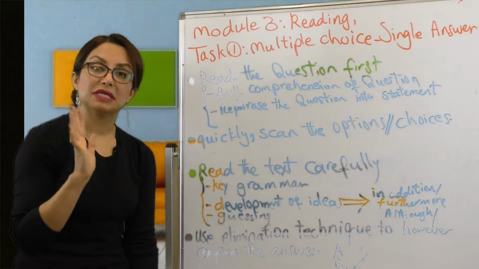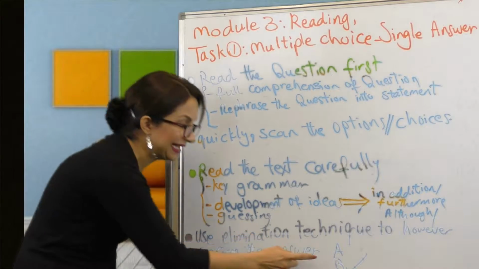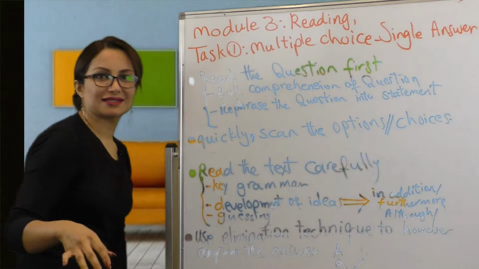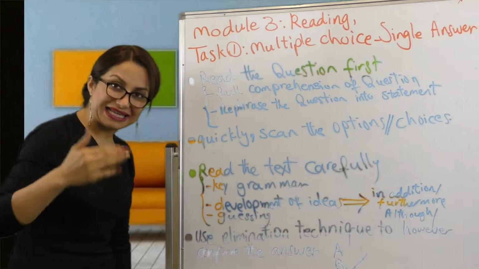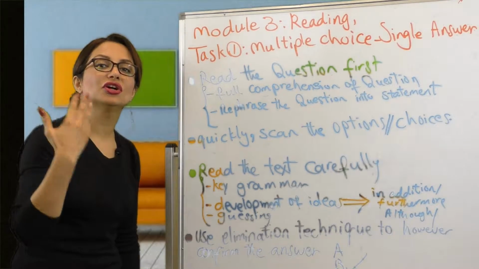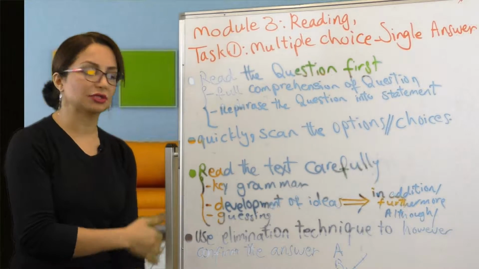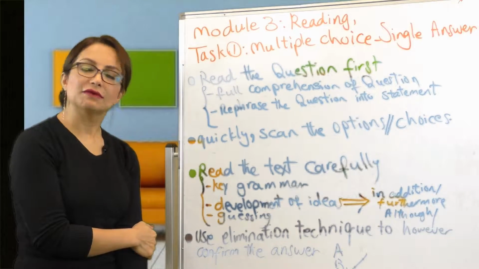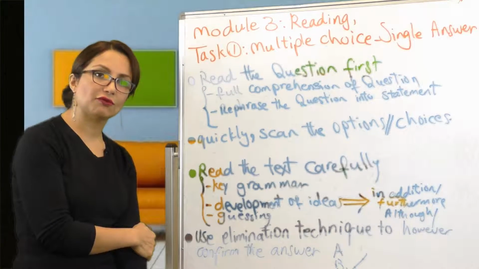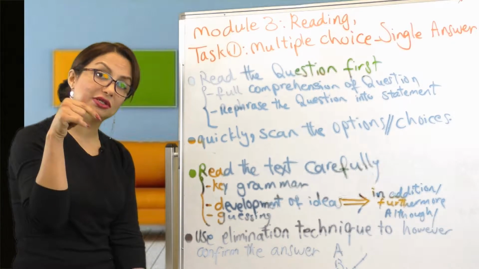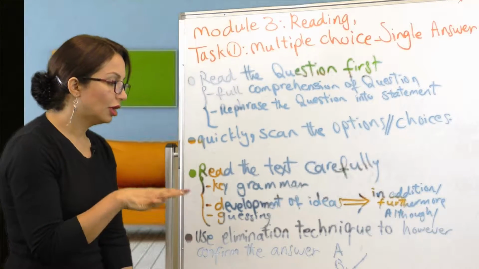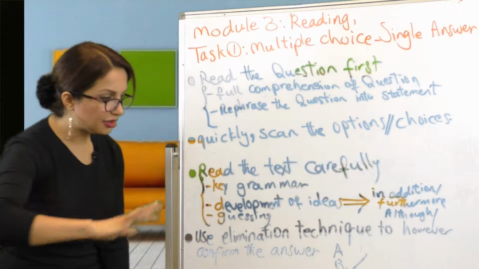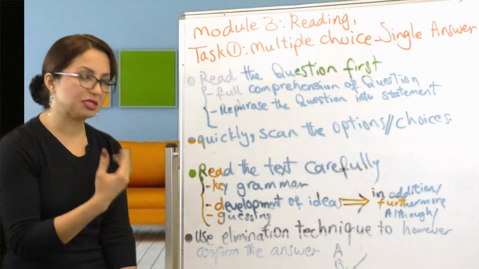Elimination technique means make sure A, C and D are eliminated. Make sure A, C and D cannot be the answer of this particular question. This is elimination, which is very easy, very straightforward, but it does confirm the correct answer. So once you are 100% sure that A, C and D cannot be the answer of the question, then it means B is the answer.